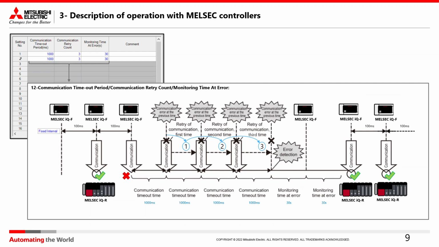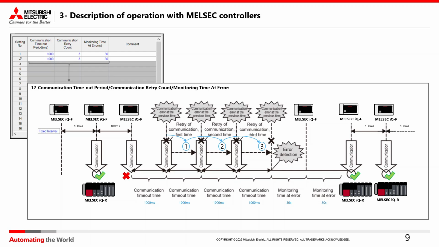As we can see in the image, from left to right, the Melsec iQ-F executes the function at fixed intervals with a cadence of 100 milliseconds towards the Melsec iQ-R. The first communication is successful, and the second creates a problem.